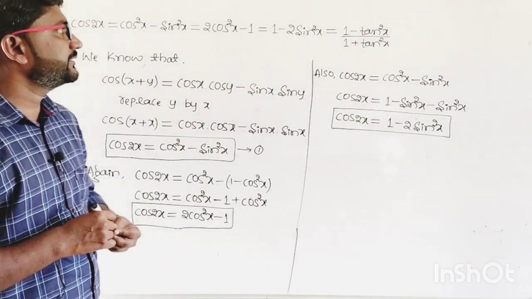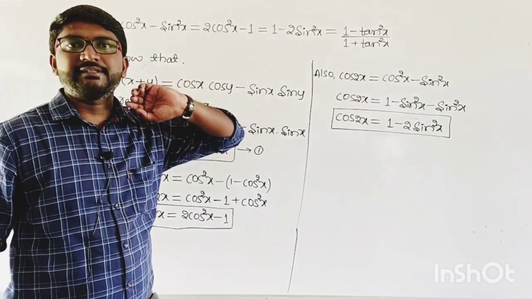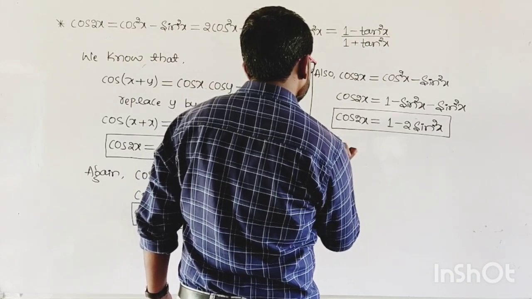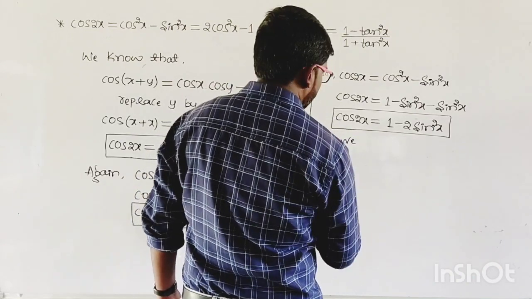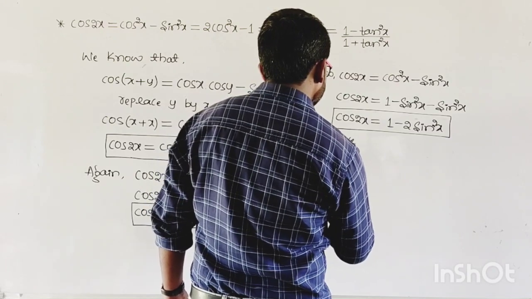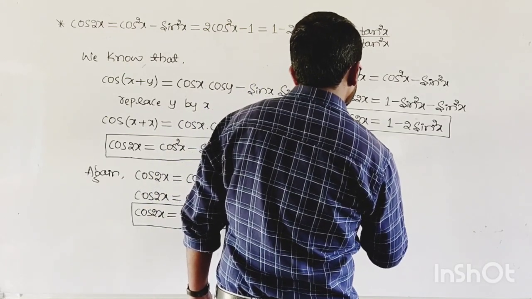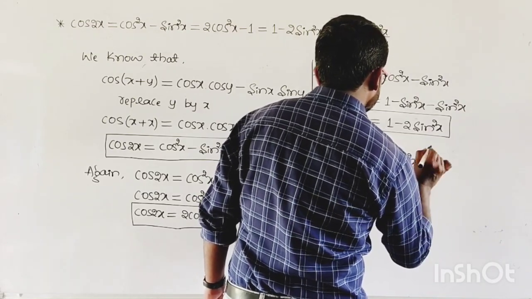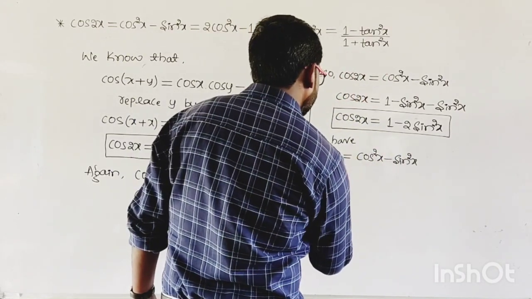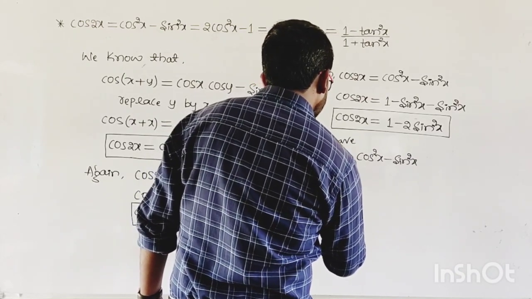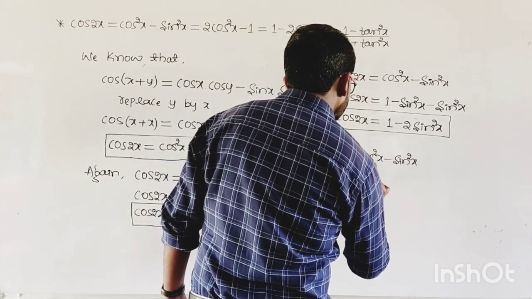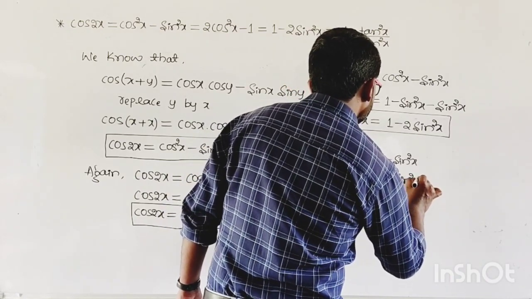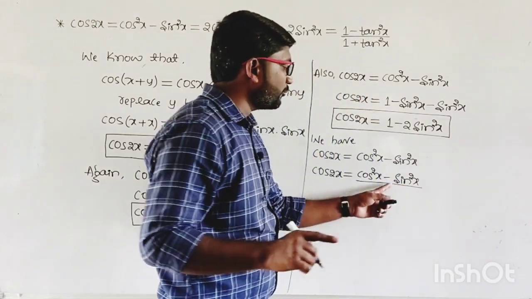So we are left out with the last one, that is 1 minus tan square x divided by 1 plus tan square x. So here we have cos 2x which is equals to cos square x minus sin square x. So now in the next step cos 2x which is equals to cos square x minus sin square x divided by, there will be 1 in the denominator.